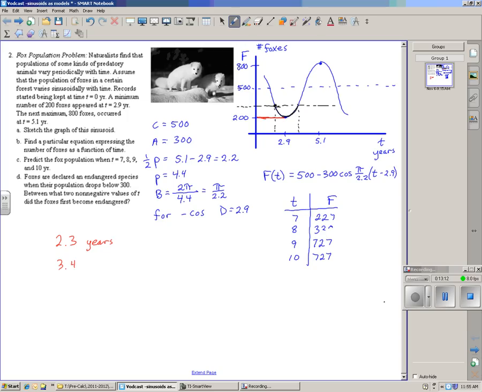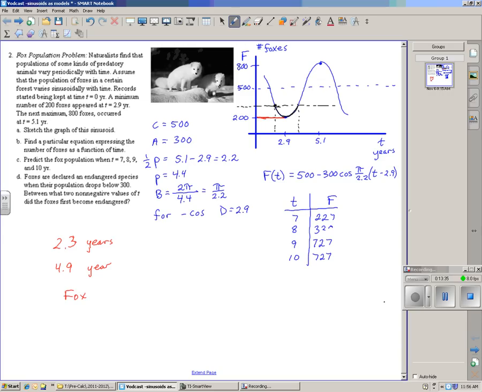Actually, I'll say 3.4, I guess I could round that to 3.5 years, since that was 2.3 and 4.9 years. So the answer to this question, between what two non-negative values of t did the foxes first become endangered?